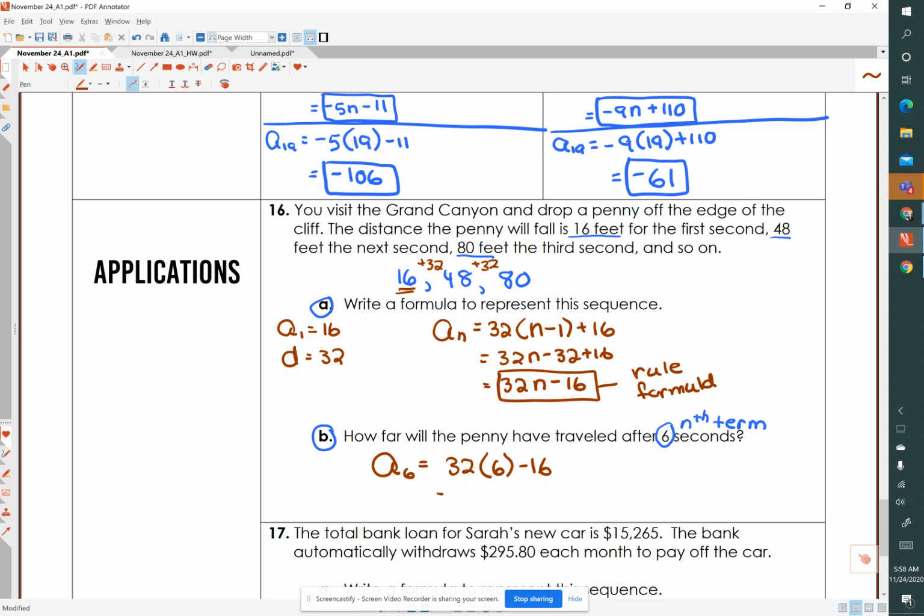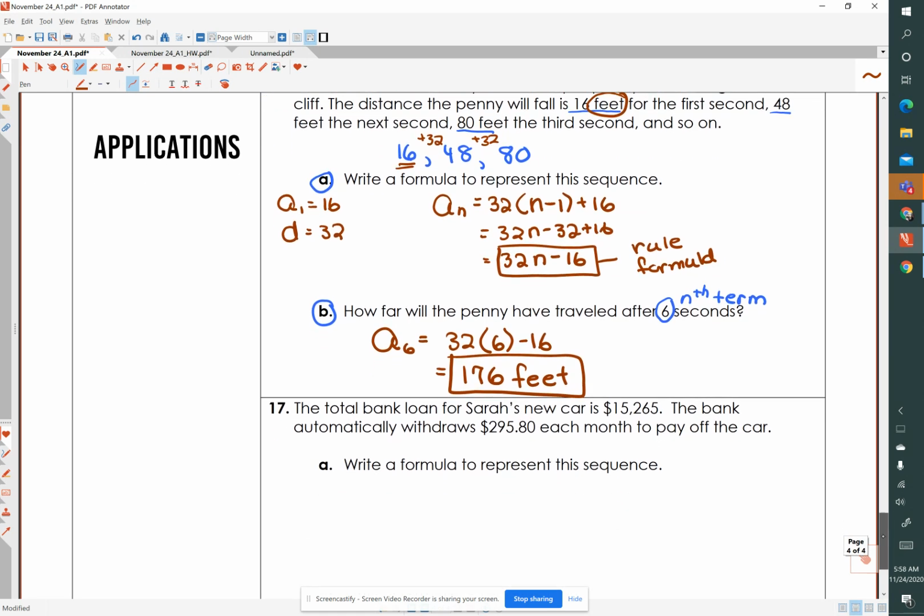And 32 times 6 minus 16 is 176. Let's go back to the problem. Our unit of measure is feet. So let's include that in our answer. So after 6 seconds, the penny will have traveled 176 feet.